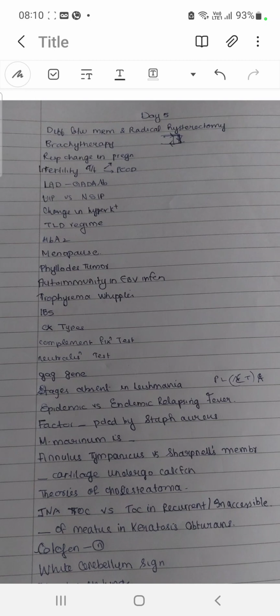Autoimmunity in Epstein-Barr virus infection. Why does autoimmunity occur in Epstein-Barr virus infection? Polyclonal B cell activation. Tropheryma whipplei: PAS positive and diastase resistant. Irritable bowel syndrome: the main symptom is abdominal pain.